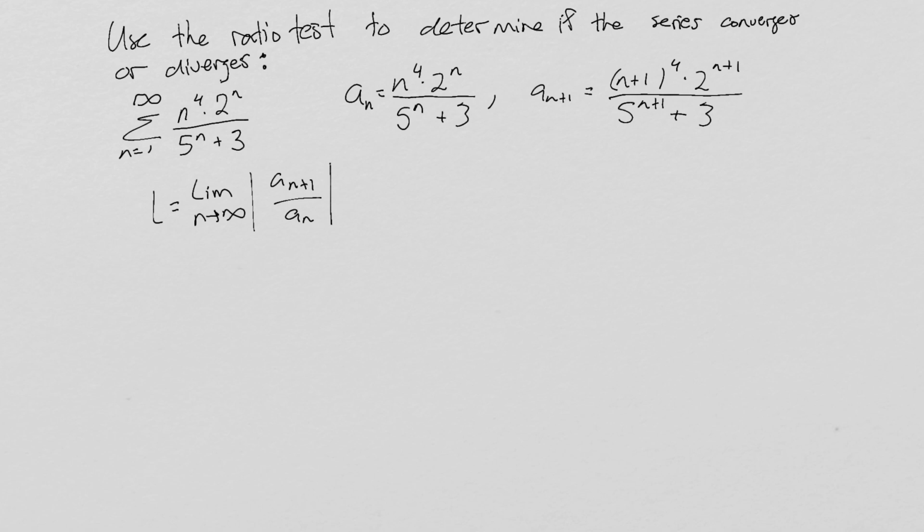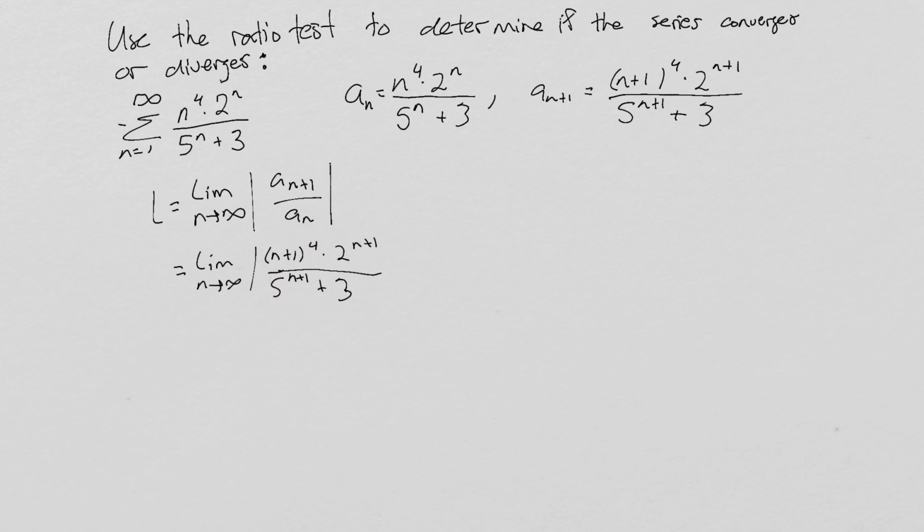So now what I need to do is divide them. So I get the limit as n approaches infinity, absolute value. A sub n plus 1 is going to give me n plus 1 to the fourth times 2 to the n plus 1 all over 5 to the n plus 1 plus 3. So all I did there was copy this because that's my a sub n plus 1.